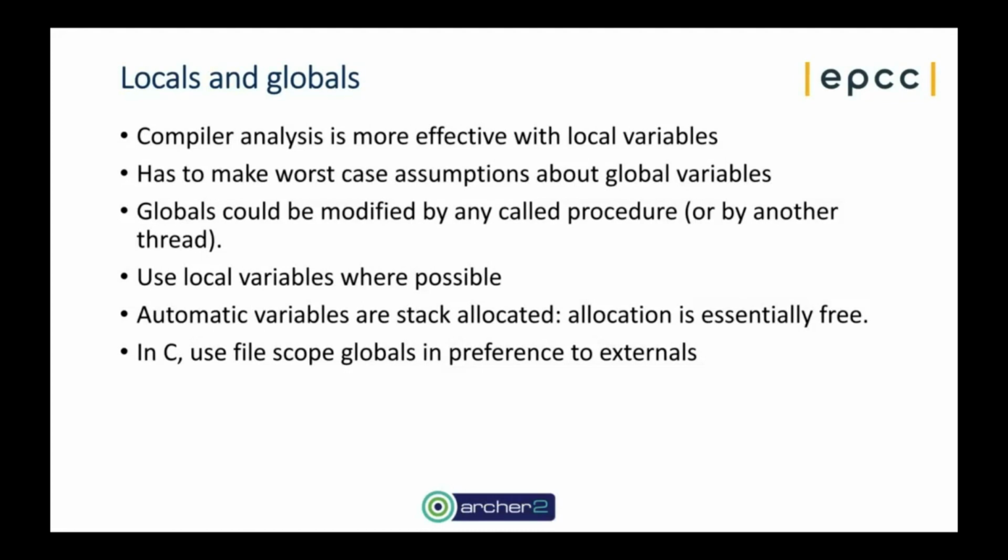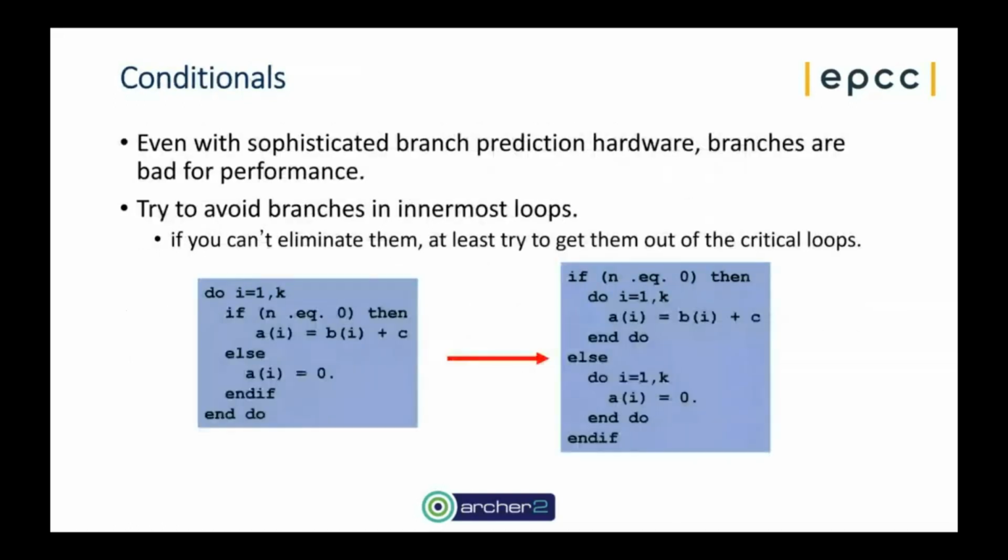If it's a global variable, other threads may be able to change it whilst I'm using it. Whereas if it's a local variable or something passed in through the arguments of a function or subroutine, it can make safer assumptions about it. So using local variables where possible, automatic variables and file scope variables, if you're going to go global, is preferable to externals or fully global variables.